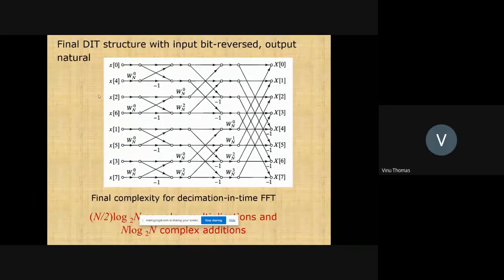Likewise, you can write down all the values, x of 2, etc. What is N? N is equal to 8. So this would be W8 raised to 0, so everything is equal to 1. This is W8 raised to 2, and this is W8 raised to 1, 2, 3. And then you can just follow the signal flow graph from the beginning to the end. That should give you X of 0 to X of 7. So that is one way to do it.